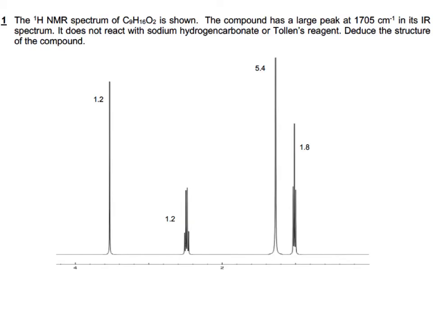So my overall aim in this video is for us to be able to interpret spectra like this, to be able to deduce the structure of the molecule that's responsible for this particular spectra. Let's forget the fact that we're actually interpreting it, and think about what information we have.